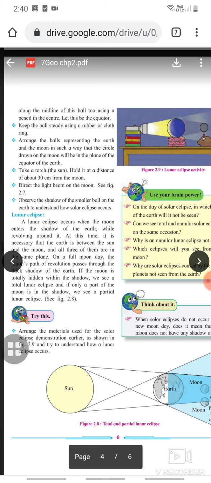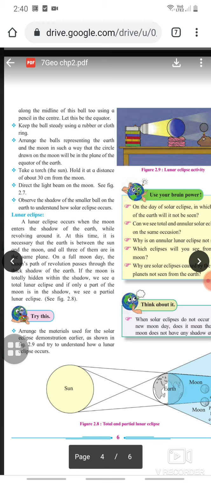Now keep the ball steady using a rubber or a cloth ring. Arrange the balls representing the earth and the moon in such a way that the circle drawn on the moon will be in the plane of the equator of the earth. Take a torch, which will be your sun. Hold it at a distance of about 30 centimeters from the moon.